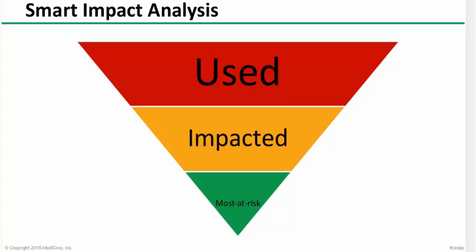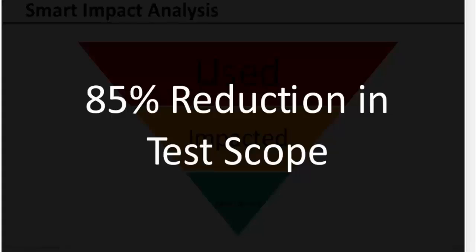So we can really help you reduce the number of executables that you need to test on your system. And anytime you can get away from a full regression test and actually focusing your testing on what's actually changing is going to be a good thing. So getting down to that most at risk has always been key for us. Our customers have seen about an 85% reduction in test scope, which is significant.